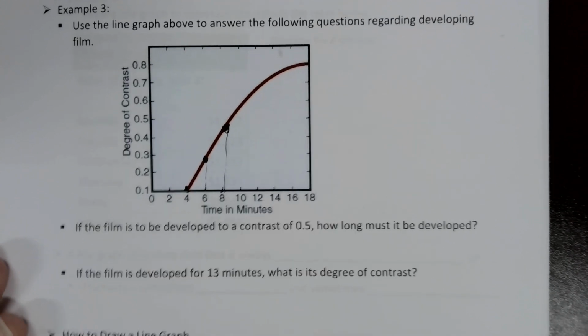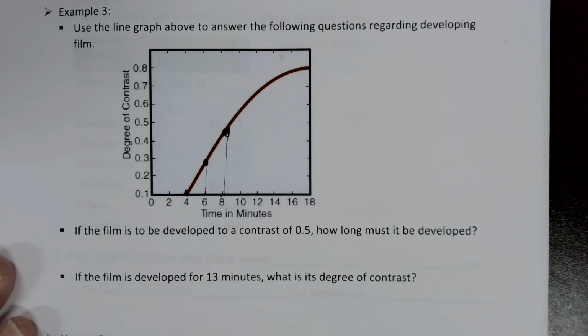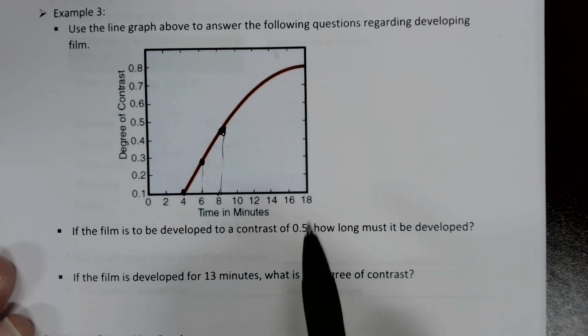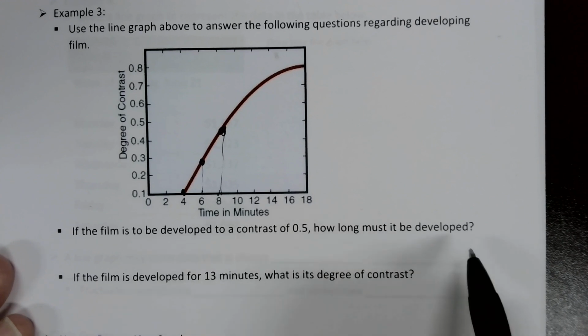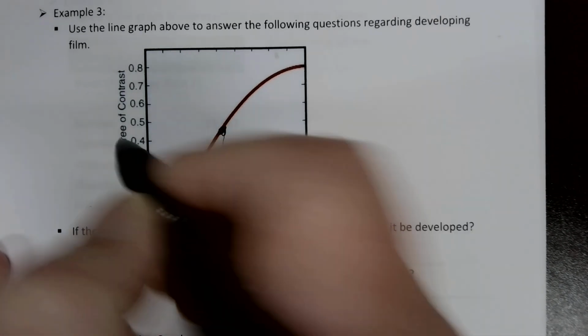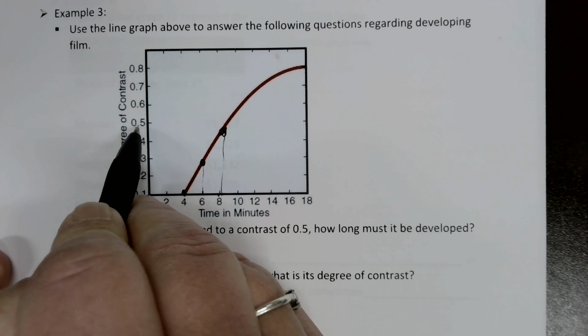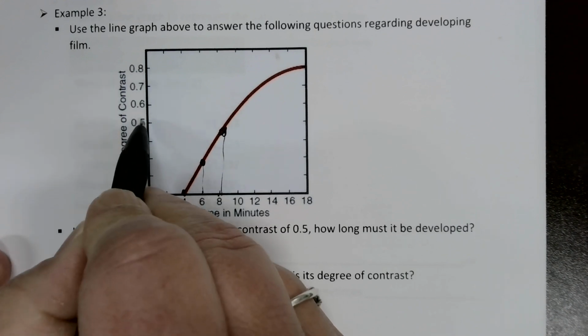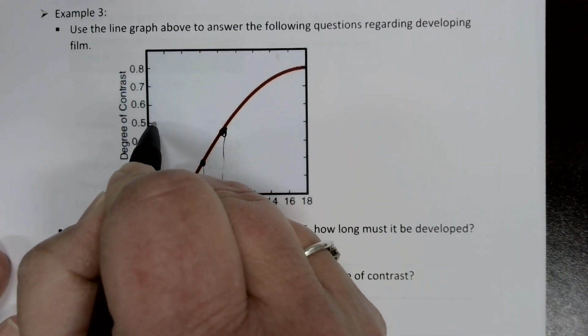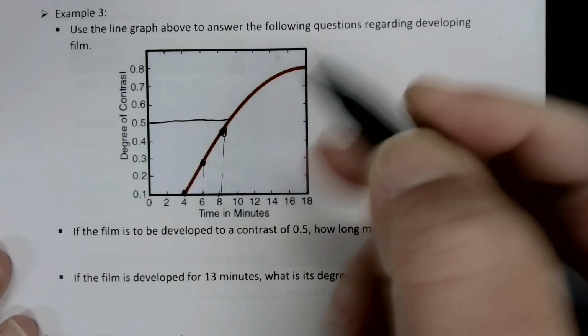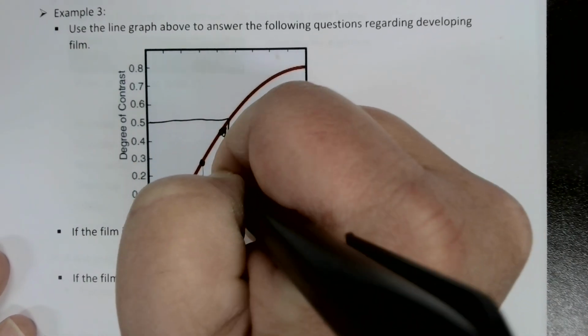If the film is being developed to a contrast of 0.05, how long must it be developed? Well, here's 0.05 on the degree of contrast. You just draw your line across here, and then you bring it down.